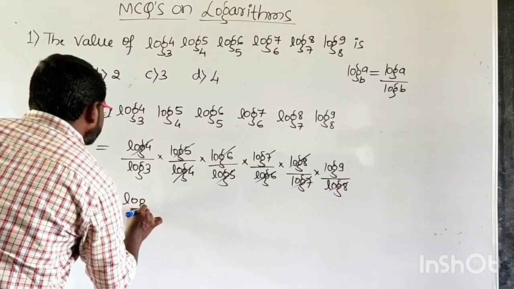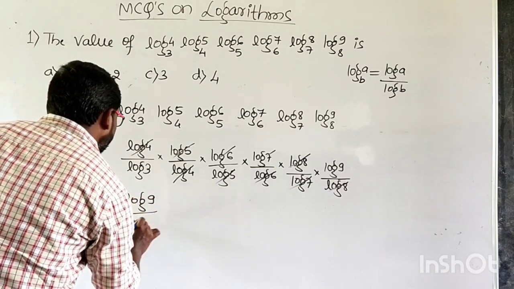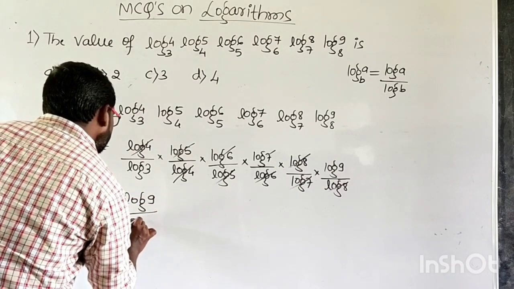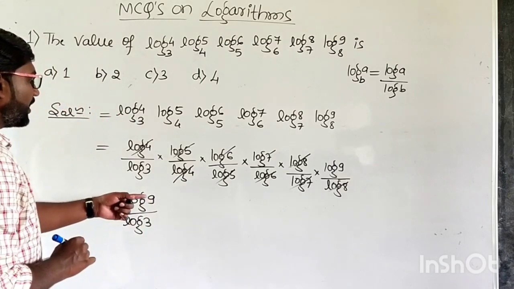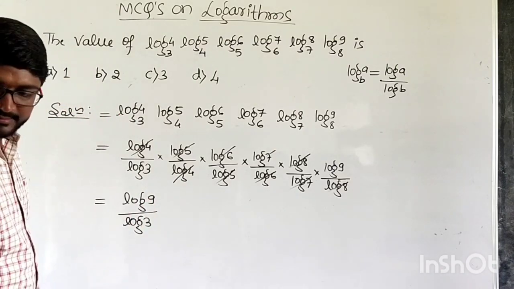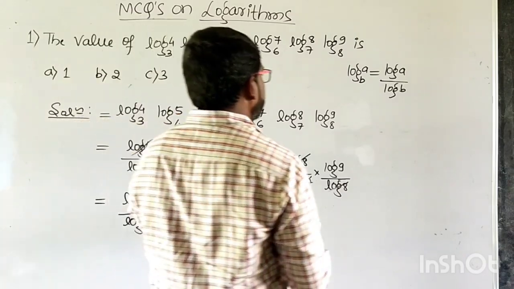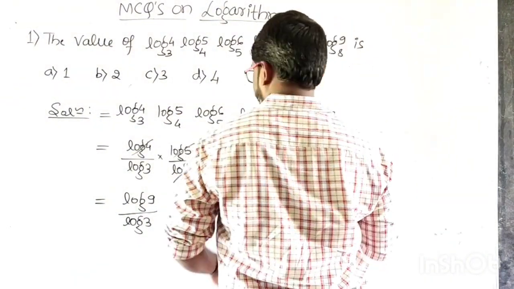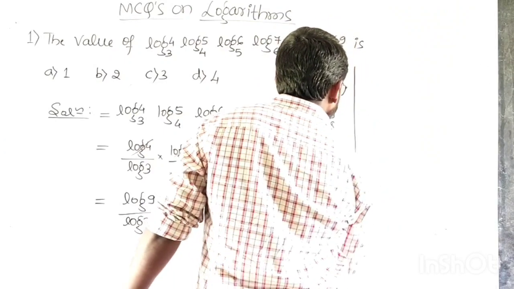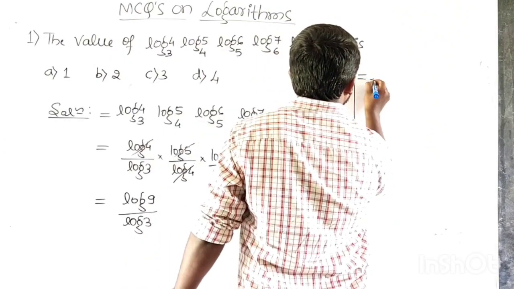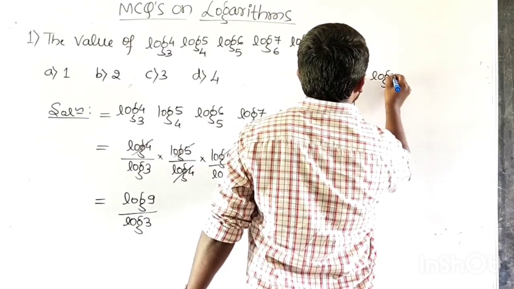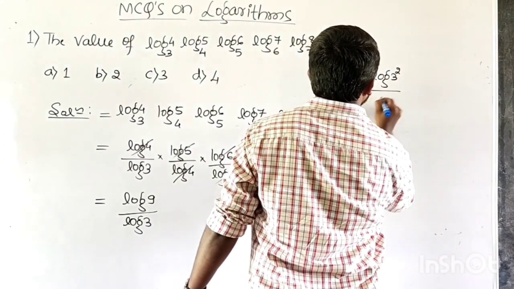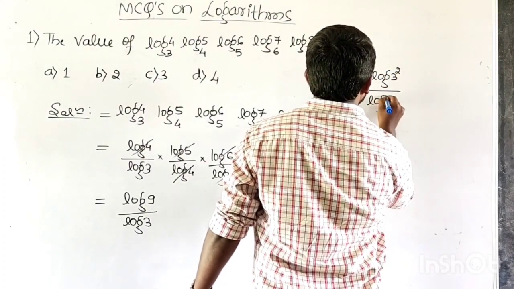Log 9 divided by log 3. So now log 9 can be written as log 3 square. See here. So here log 9 can be written as log 3 square divided by log 3.